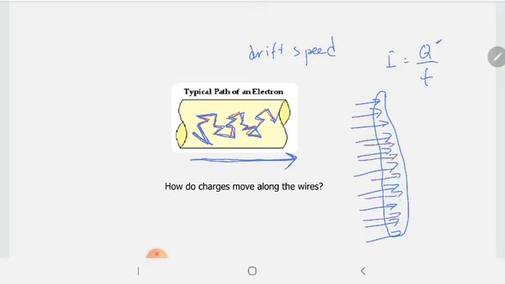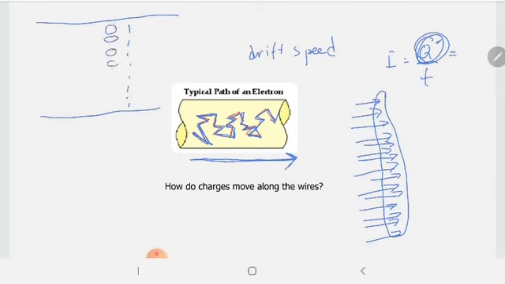Saka ang definition ng current is the number of charges crossing or flowing through a point in the circuit over time. Imagine if there's a race, and then let's say there are turtles kasi mabagal. Just for analogy, millions and millions of turtles.